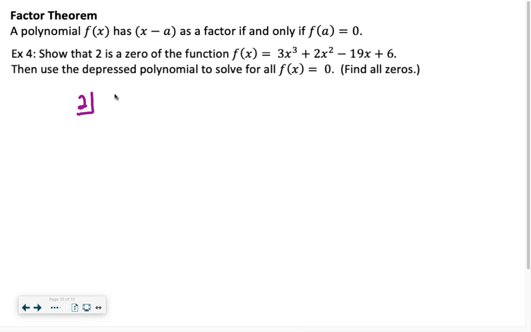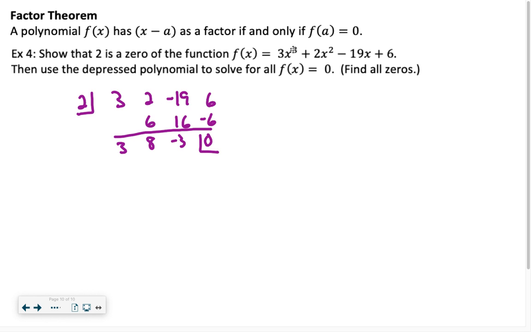So I'm going to list out my coefficients: 3, 2, -19, and 6. So bring the 3 straight down, multiply, add, multiply, add, multiply, and add, and we get a remainder of 0.